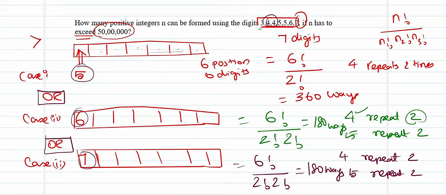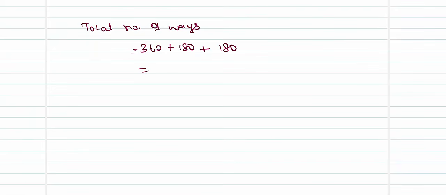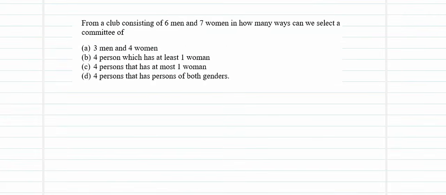So the total number of ways to get a number exceeding 50 lakh is 360 plus 180 plus 180, which adds up to 720 ways. Please do check this so that you get comfortable with it. Now moving on with the next one.